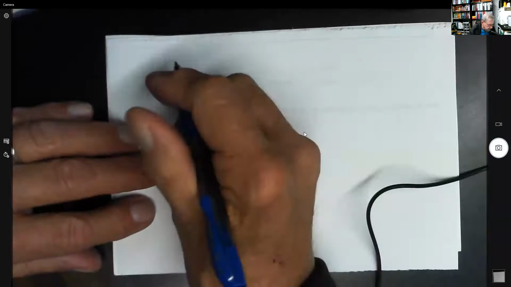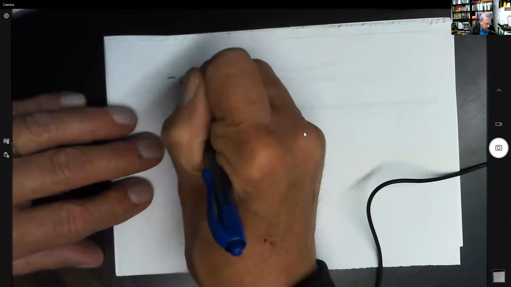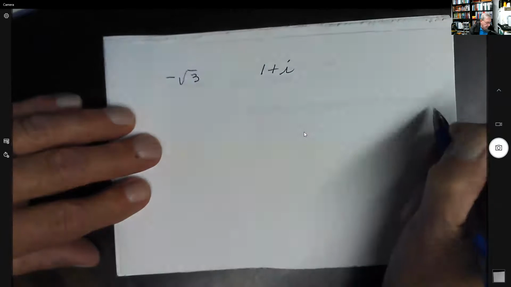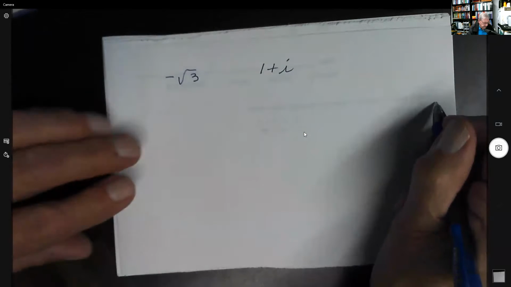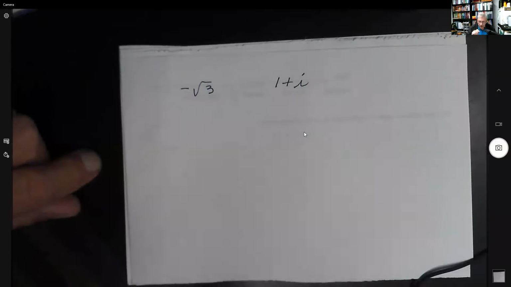What if we had an equation and the answers were negative radical 3 and 1 plus i? And it says, write an equation that has these answers. Well, remember these always come in pairs.